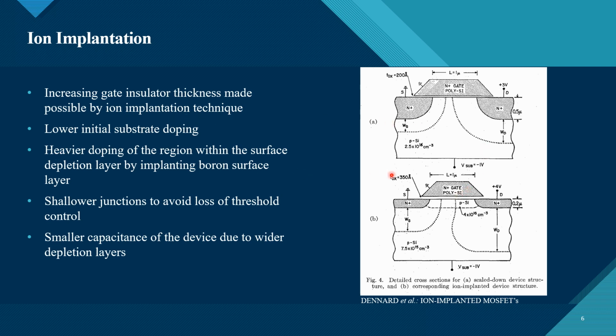And it is done by lowering the initial substrate doping. So the substrate that we have in here has less concentration compared to the previous scaled down transistor, and heavier doping of the region within the surface depletion layer by implanting boron surface layer.